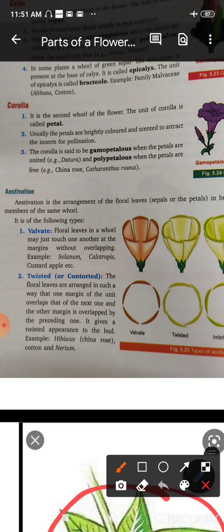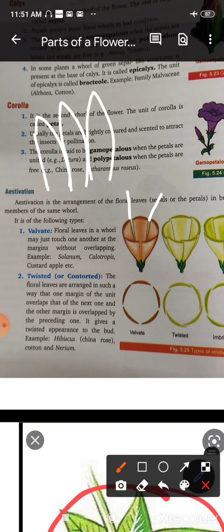So if you see here, these are the floral leaves and they are touching one another, and they are not overlapping, right? They are just touching. This is one leaf, this is another leaf, and this is another floral leaf. They are not overlapping.